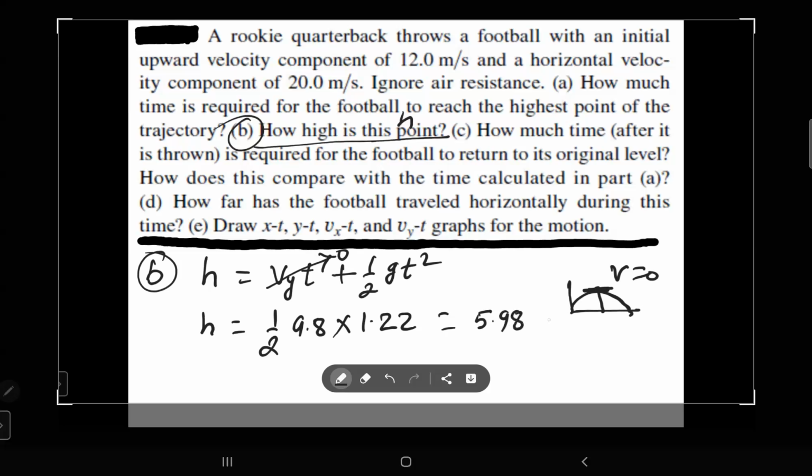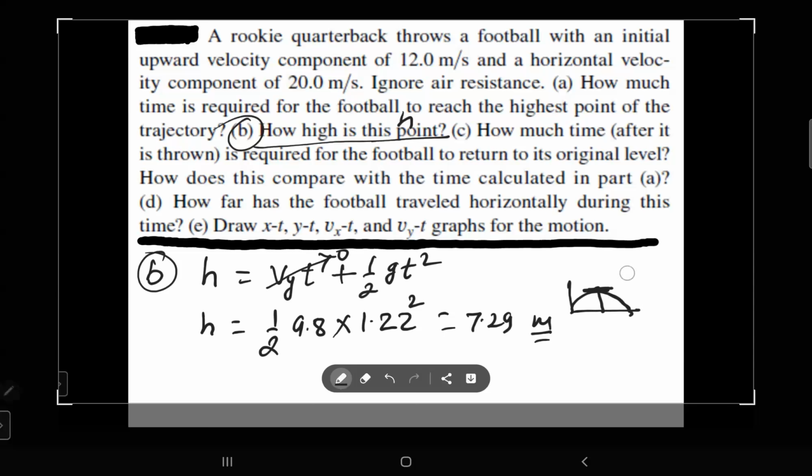Oh, we forgot something here. That's why this value should be times 1.22, so we are correct there. Okay, so let me erase this one and get 7.29 meter.